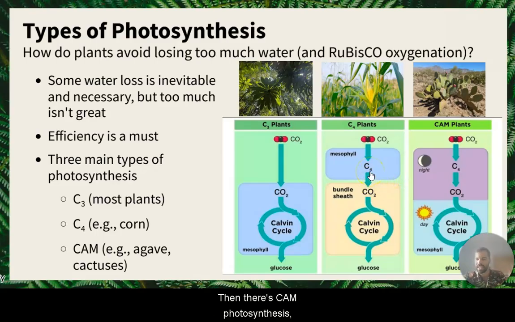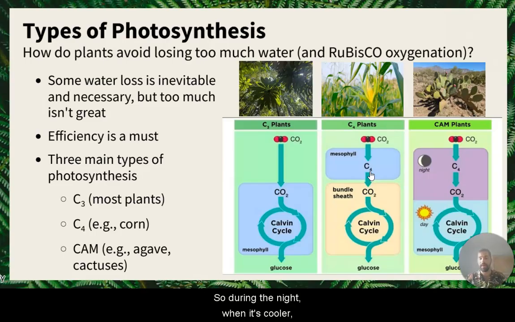Then there's CAM photosynthesis, which includes a lot of our cactuses, our agaves, our bromeliads, like our pineapples. A lot of these different plant taxa have evolved this form of photosynthesis where they completely do different parts of photosynthesis during the night versus during the day.